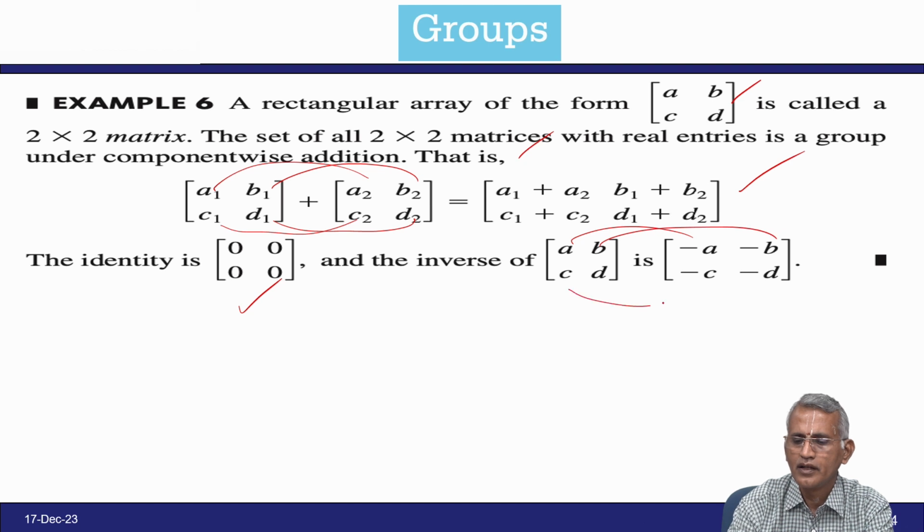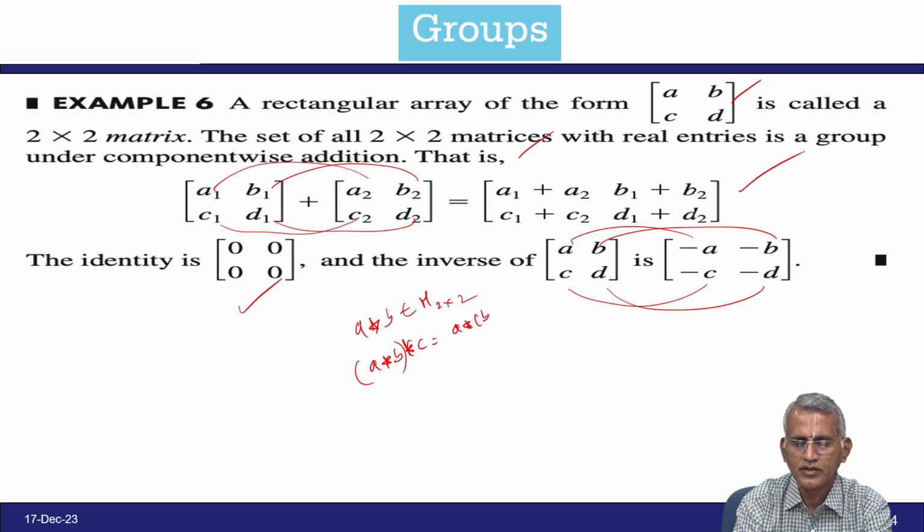Then we can check the properties: A star B belongs to the set of 2 cross 2 matrices, and A star of B star C equals A star of B star C works. Here star is matrix addition.